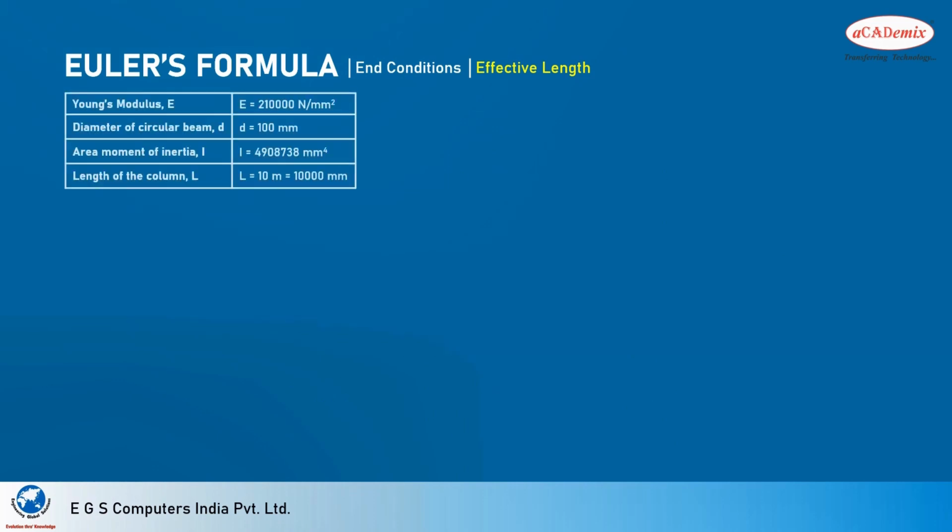Okay, let's find out some buckling loads. Here, we have considered a circular beam of diameter 100 mm, which has a Young's modulus value of 210 GPa. The length of the column is 10 meters or 10,000 mm.